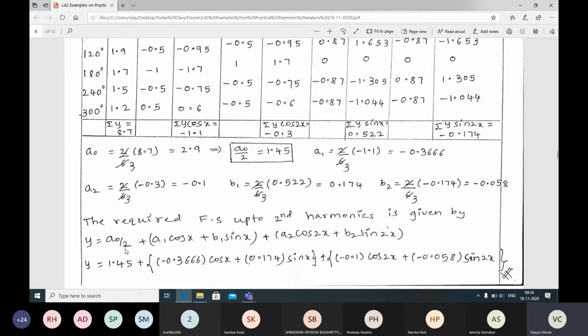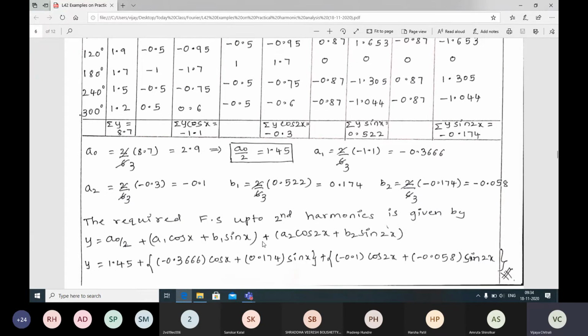So substitute values. A naught by 2 is 1.45, a1 is minus 0.3667 cos x, or approximately minus 0.37 cos x, plus 0.174 sin x, plus minus 0.1 cos 2x, plus minus 0.058 sin 2x. So this is the required answer. And now move on to the next example.